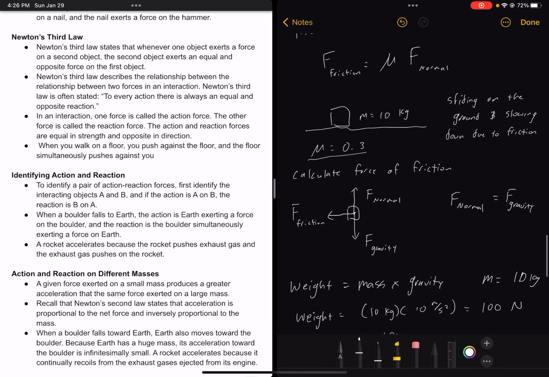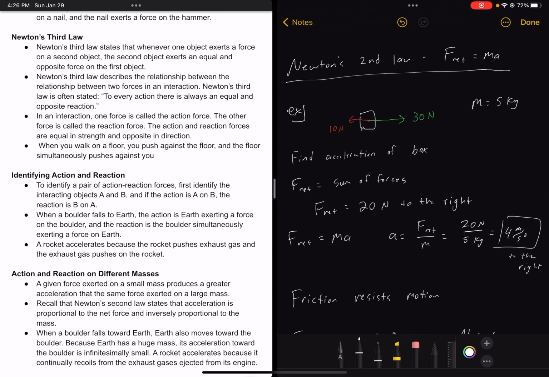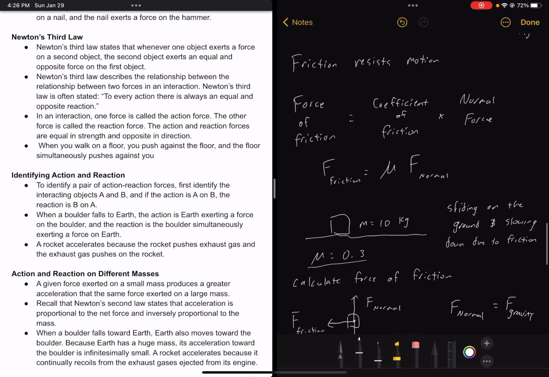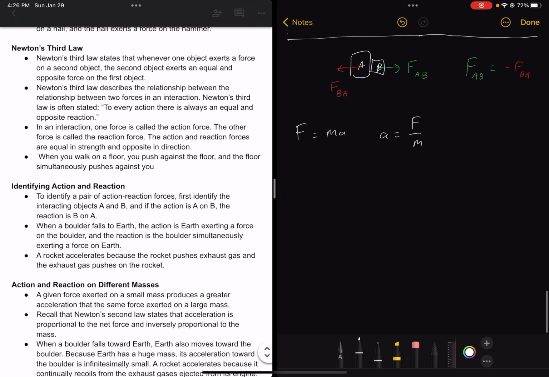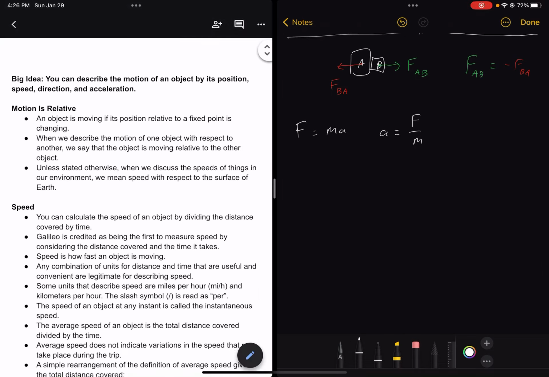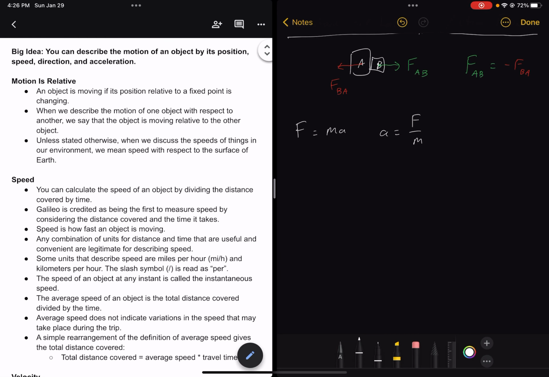For second law, obviously this one has the most examples associated with it because it deals with free body diagrams, the sum of the forces, F net equals ma, friction, right? So that should be pretty much it, right? So yeah, hopefully after reading through all this and all the review that we've done, you'll be successful on the exam.